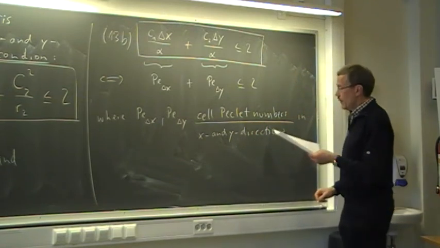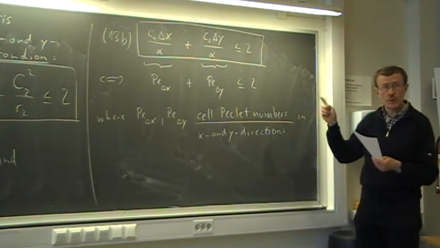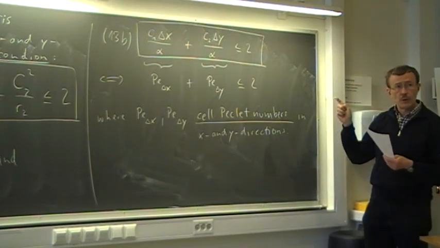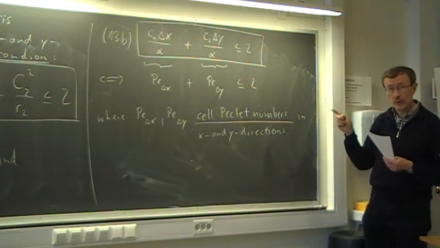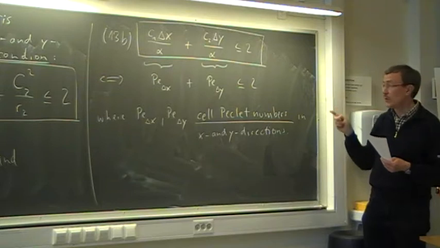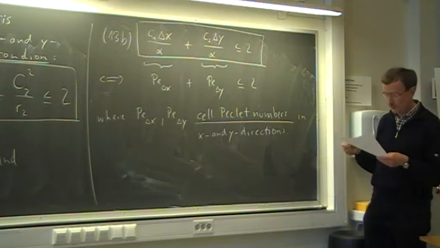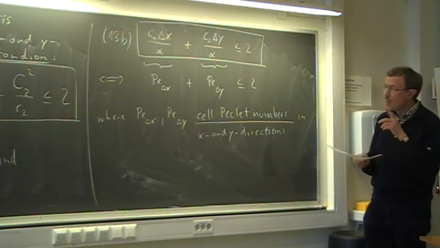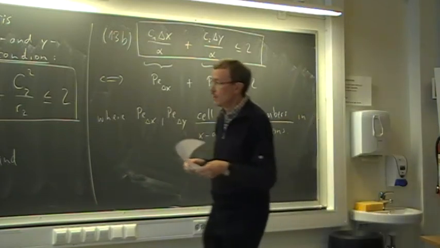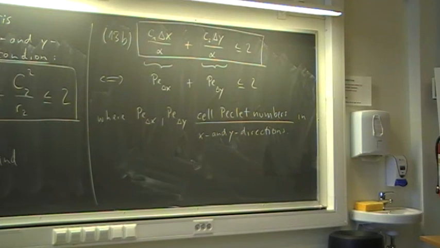That is what we have observed for the one-dimensional diffusion equation. There we had also a condition that the cell-Peclet number for this scheme had to be smaller or equal than 2. Let's see. No, that was wrong.